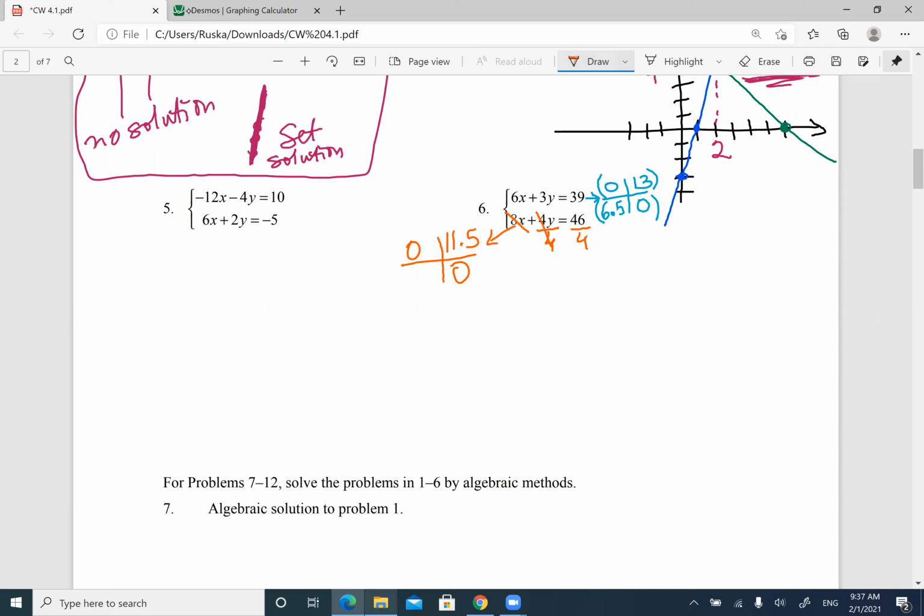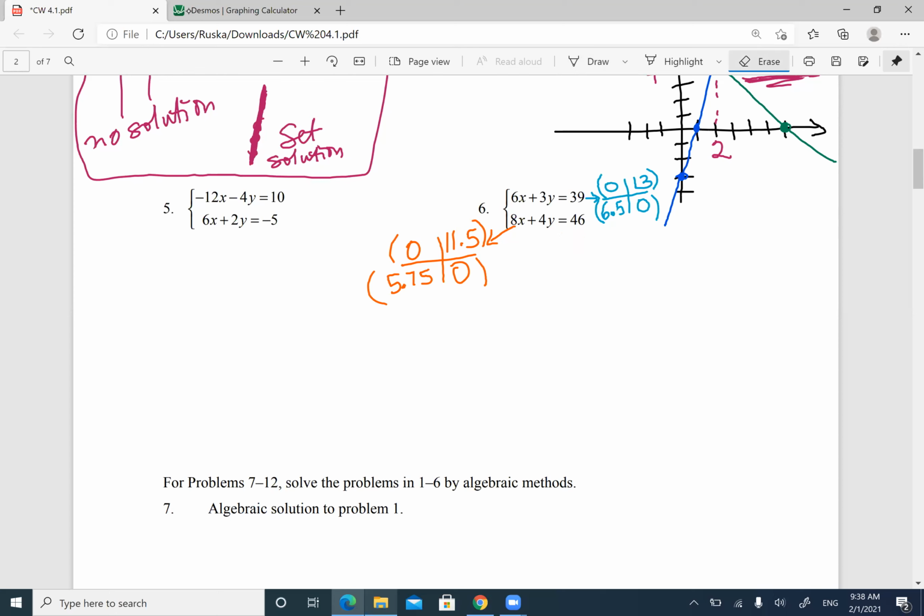And then I'm going to do 0 for y. So I'm going to delete this. Okay, so y is 0 now, so I'm going to divide by 8. What is 46 divided by 8? 5.75. Thank you, 5.75. So these are the 2 points I'm going to use.